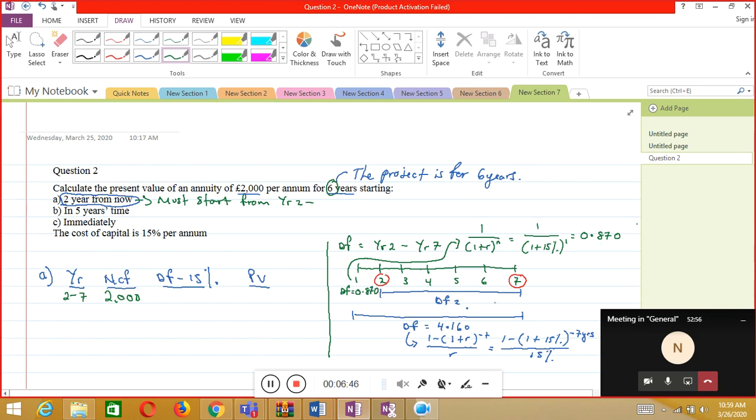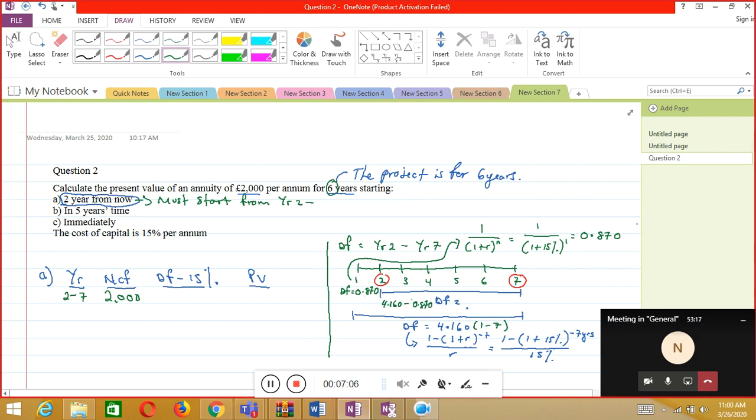Now, very simple. If you want to find year 2 to year 7, we already have year 1 to year 7. You take this answer minus this answer: 4.160 minus 0.870.